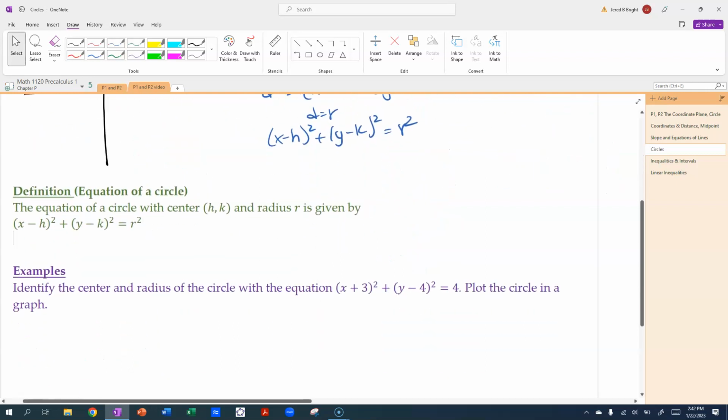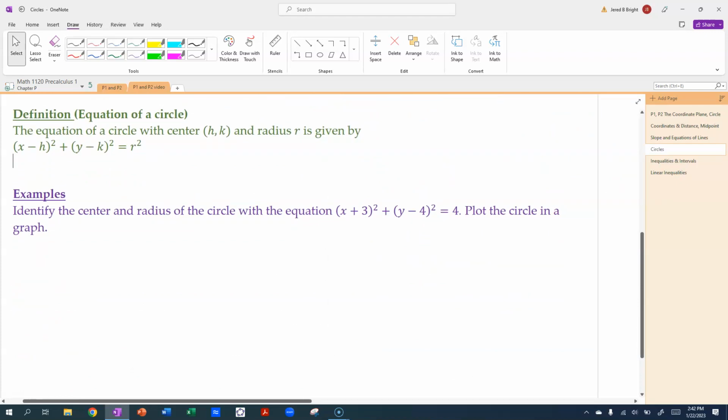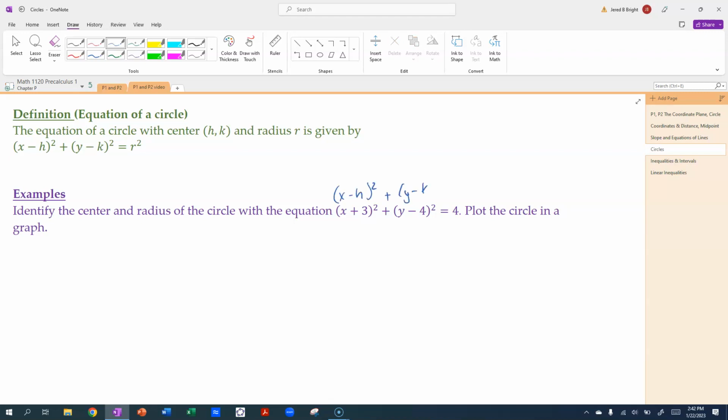Okay, so one quick example is this one. We want to identify the center and the radius of the circle with this equation, and plot the circle in a graph. If we compare this to the given equation, x minus h squared plus y minus k squared is equal to r squared, I can see that 4 is 2 squared, so the radius is 2, and now I need to know h and k for the center.